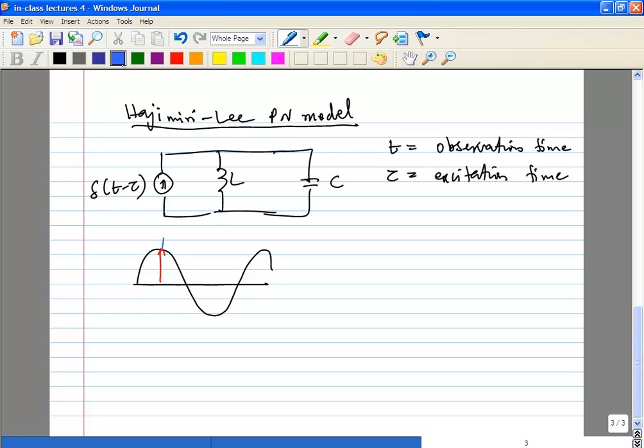You will see some amplitude change, but the zero crossings will stay the same. Any noise which is injected at the peak will not convert into phase noise. So this is your delta of t minus tau. That's where you are injecting your noise.